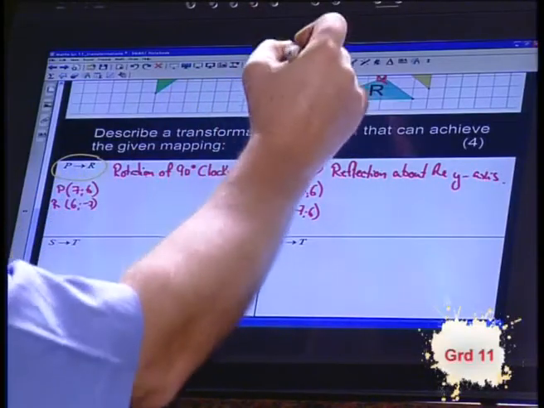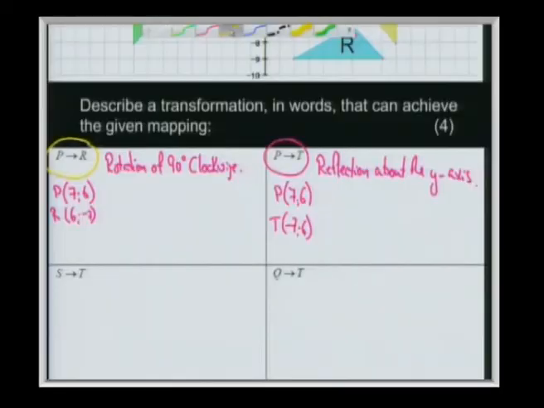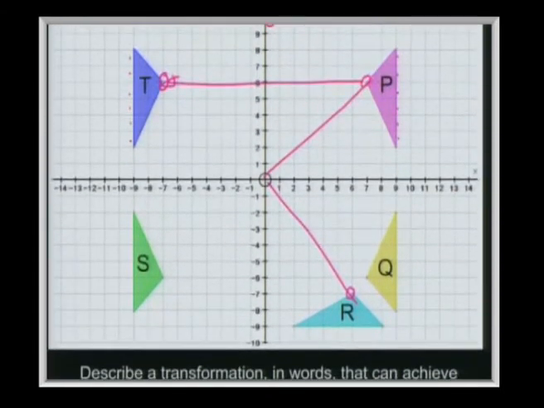Let's have a look at our next one. The next one wants us to go from S to T. Now, is that a glide transformation? Well, sort of looks like it.